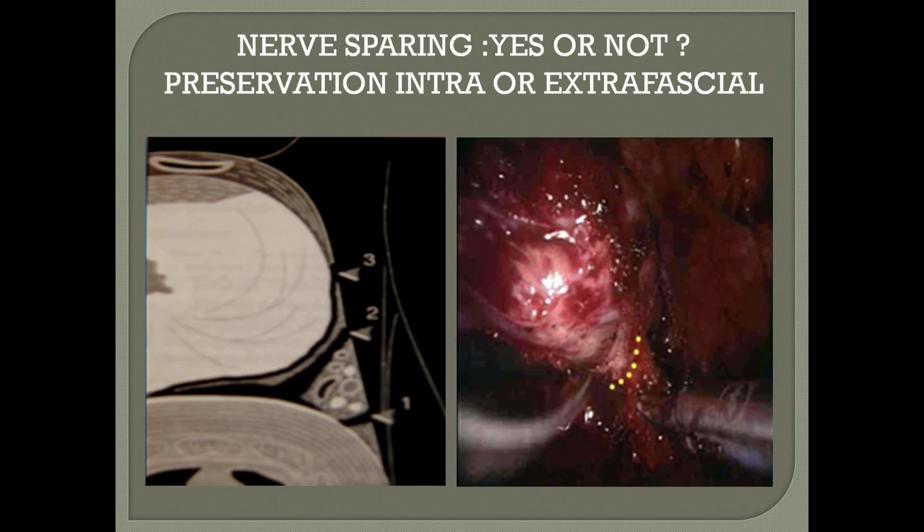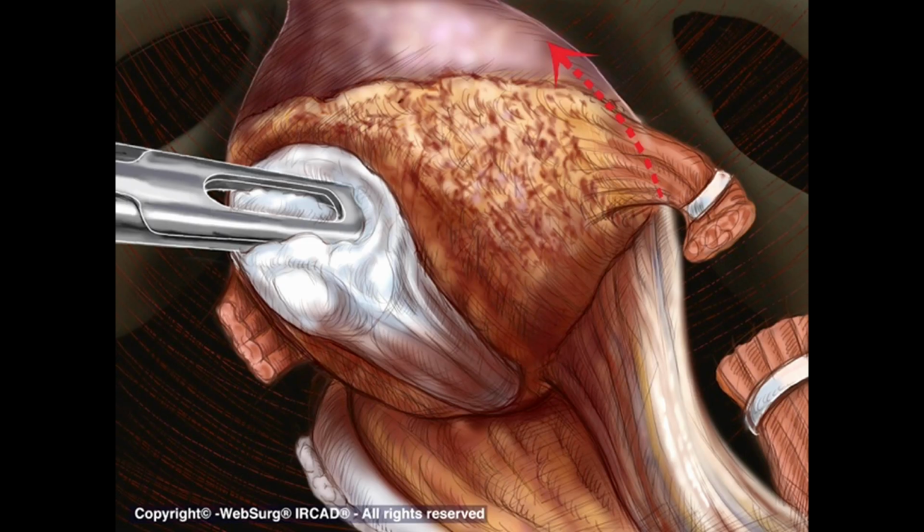That means that you leave a small fascia in contact with the prostate. But sometimes you can imagine doing a really intrafascial surgery if the patient has, for example, no positive biopsy on this side, if he is young and he wants to recover a very good potency. So you have to decide before the surgery, okay?